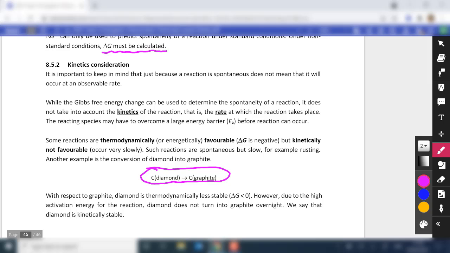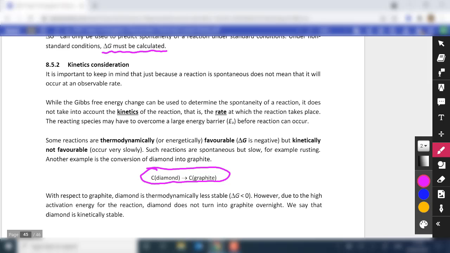That is why right after this topic, the next topic you're going to learn is what we call chemical kinetics, or reaction kinetics for that matter. Kinetics is another area that you need to look into when you want to decide or study whether a reaction is likely to go forward or go backward.